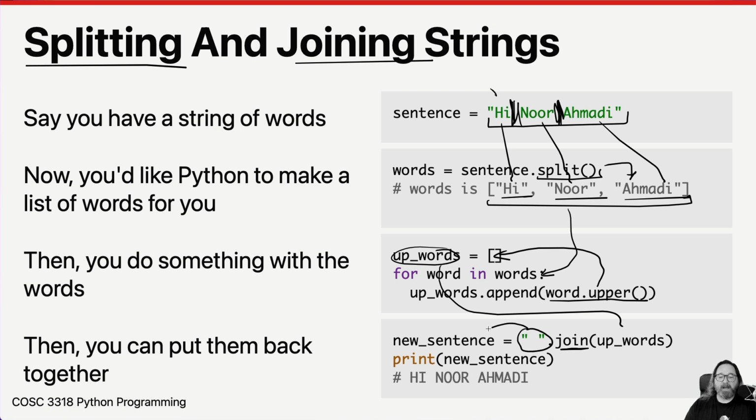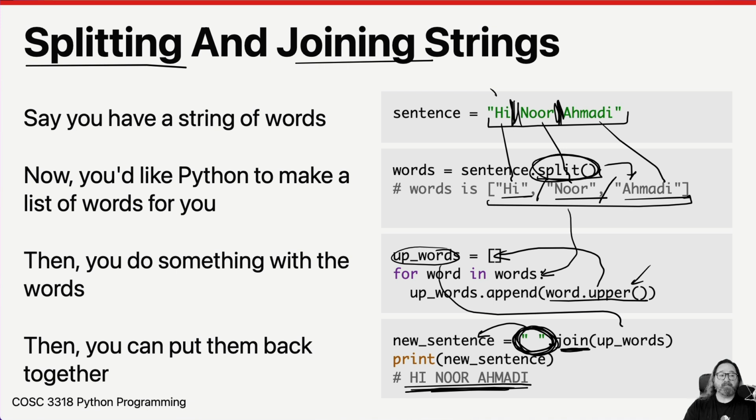And that creates one single string that has all of those uppercase letters in it. So split takes a string and splits it on the white space and gives us the individual words. And then the join will take a list or a tuple of those strings and combine them back together and put whatever is in here in between them. And that's how we can join it back into an individual string.